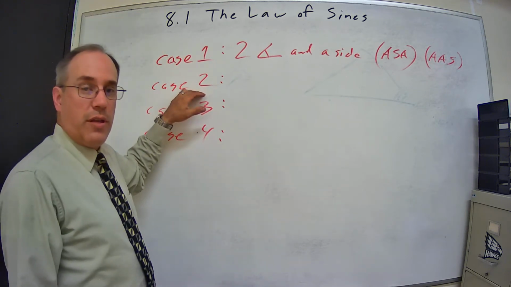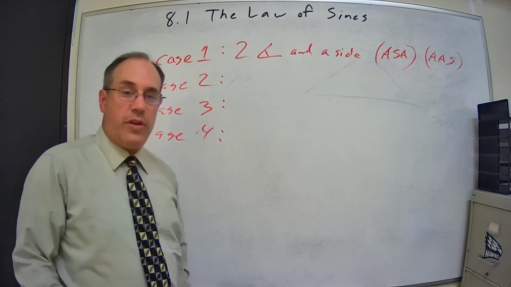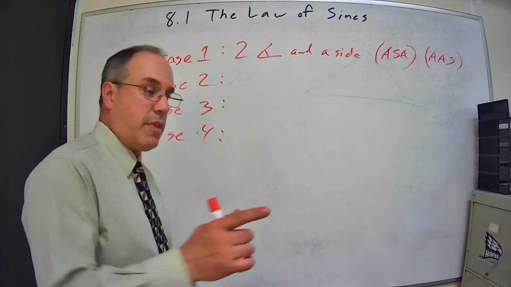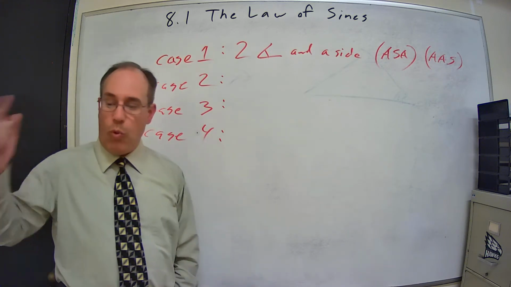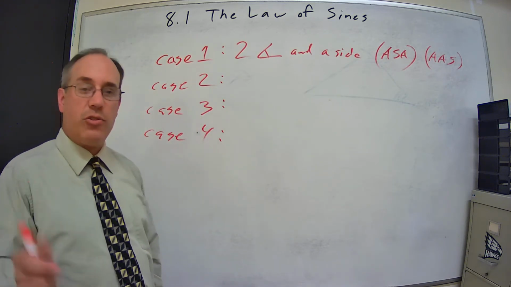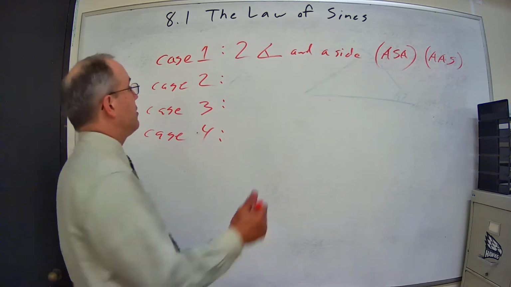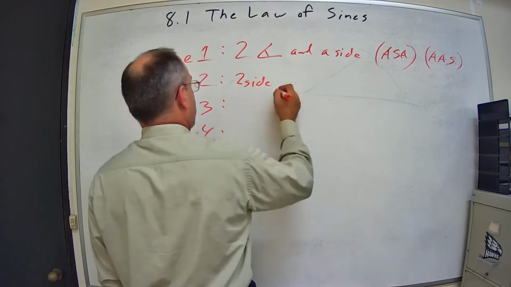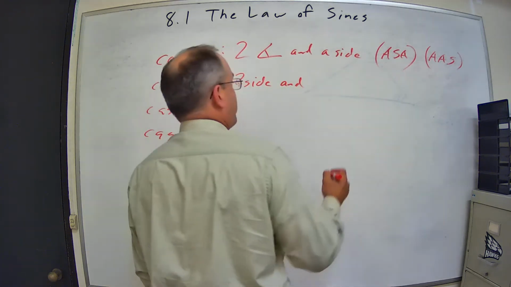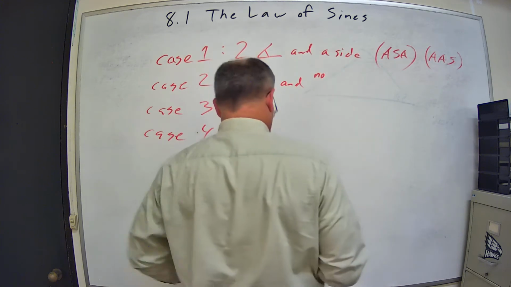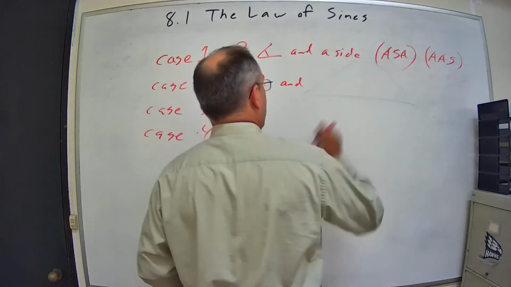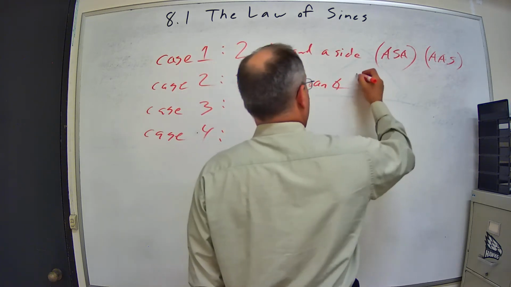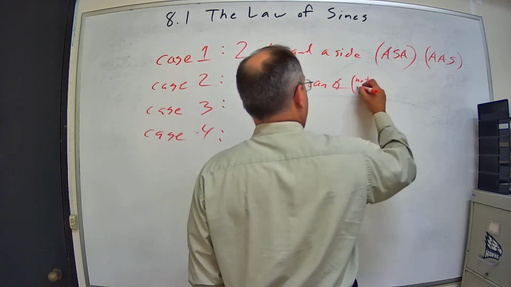Case 2 is where we have two sides and one angle, but it's not the included angle. So two sides and an angle that's not included.